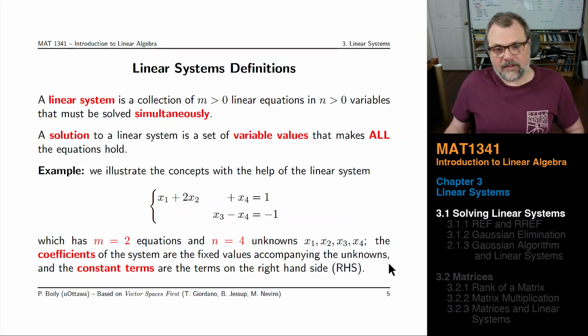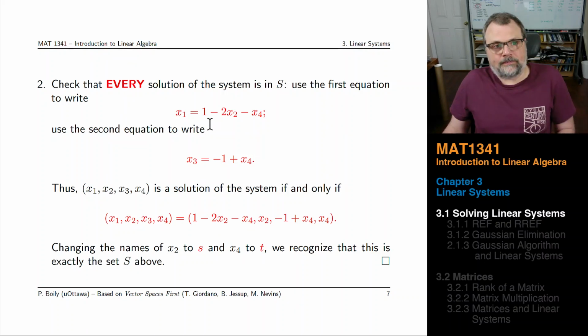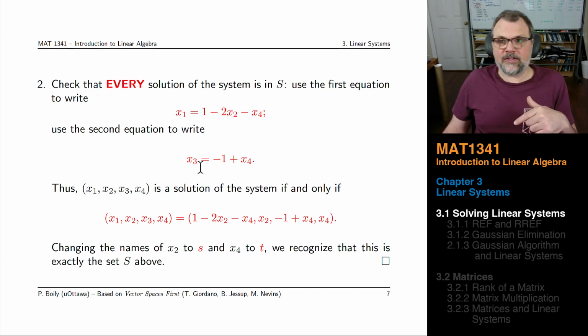If that's the case, then you can do something like this with the second equation. We'll solve for x3, say. So we had a minus x4, we'll send it to the other side, and that gives us minus 1 plus x4.